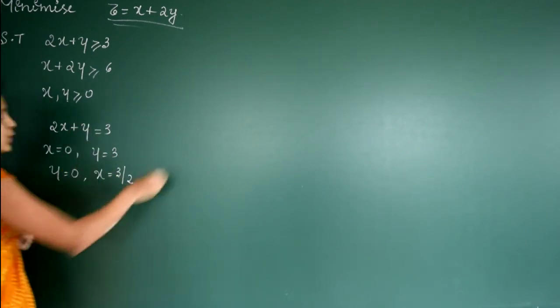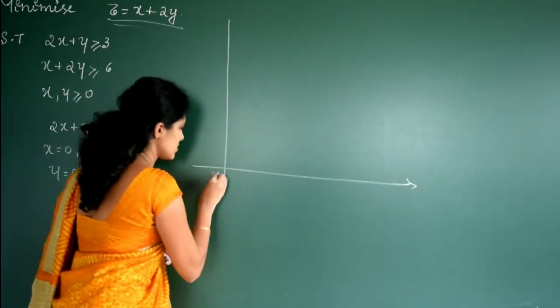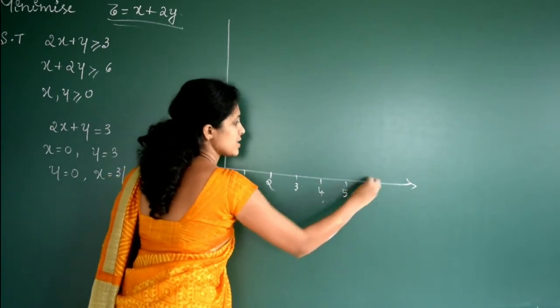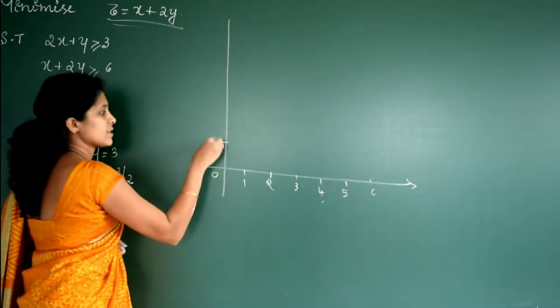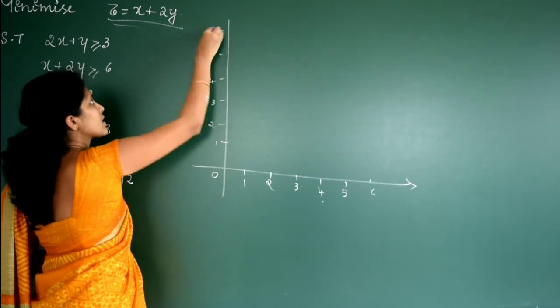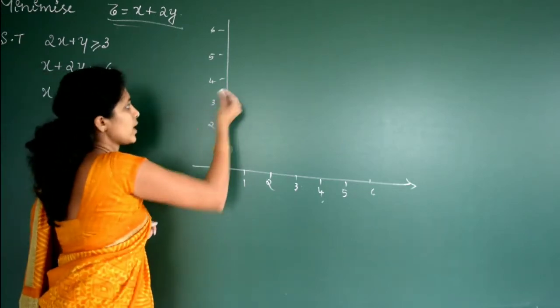Yes, we will draw the graph of this one. So 0, 1, 2, 3, 4, 5, 6 on the x-axis, and 1, 2, 3, 4, 5, 6 on the y-axis. You have to read the scale also. Point x is 0, y is 3.